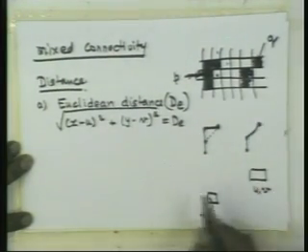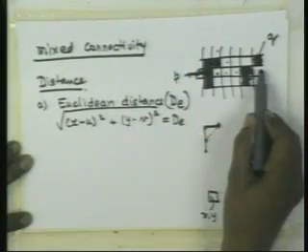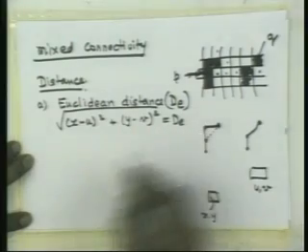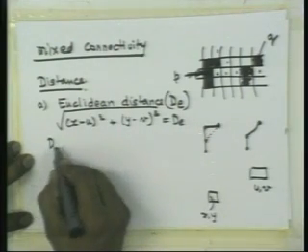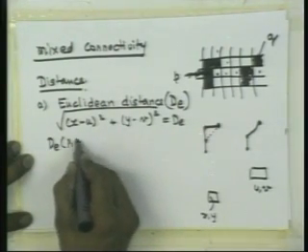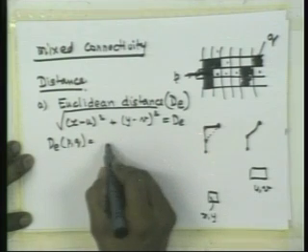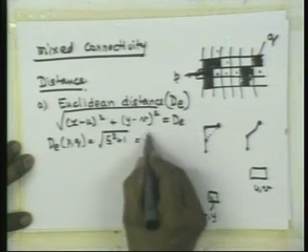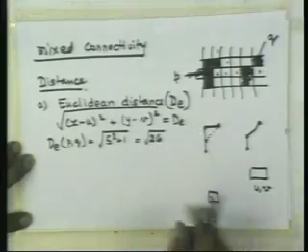Now the Euclidean distance will be 1 unit, 2 units, 3 units, 4 units, 5 units along the y direction and 1 unit along the x direction. So in this particular example, dE between p and q is nothing but 5 squared plus 1 square, square root, that is square root of 26.